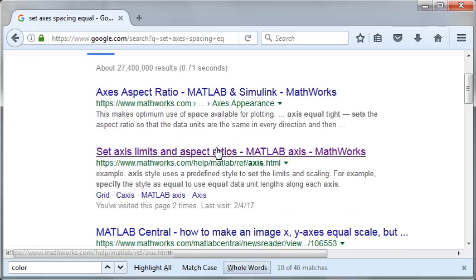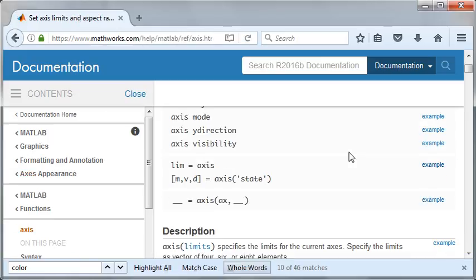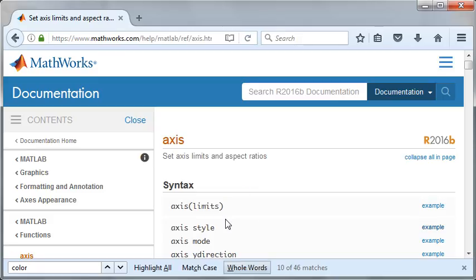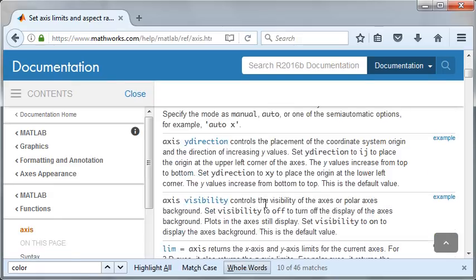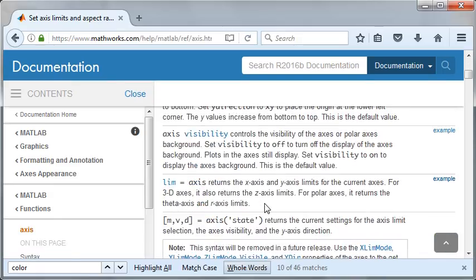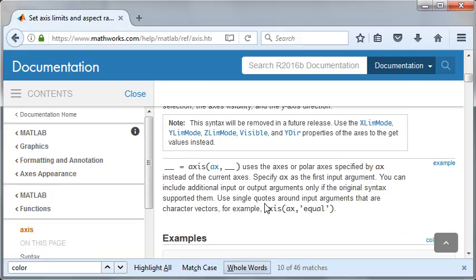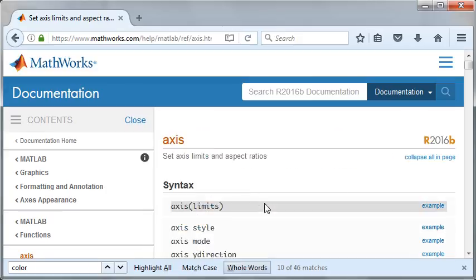So let me try axis. This is axis style kind of thing. Well, first off, even though I'm doing it with 2 axes, it's axis. I have to remember that.